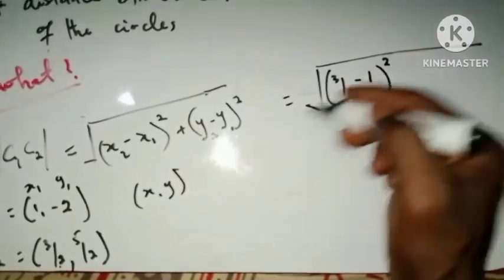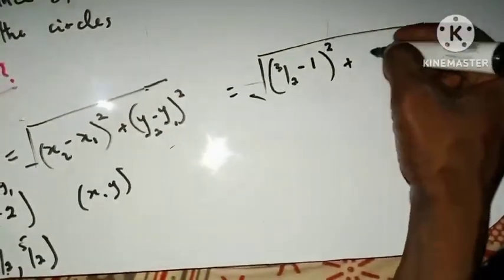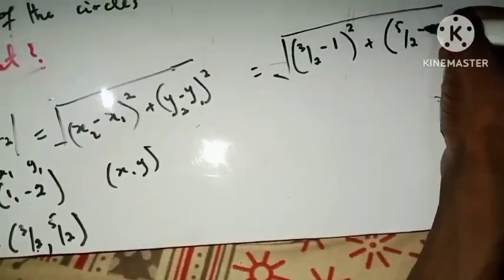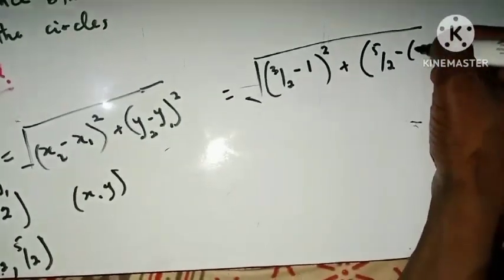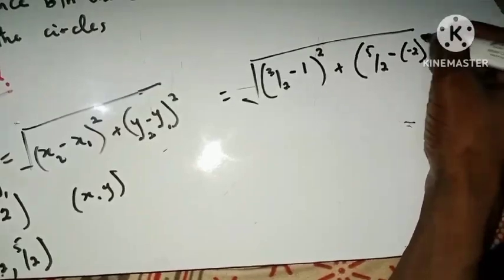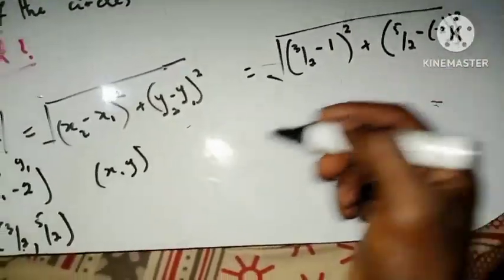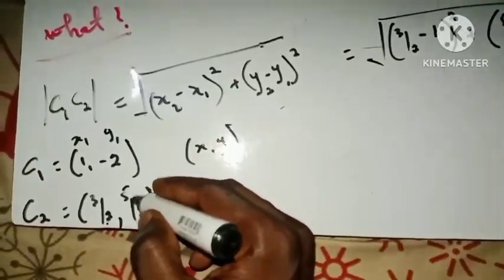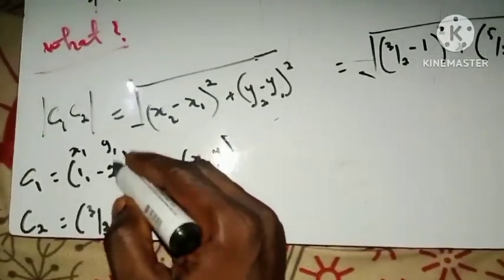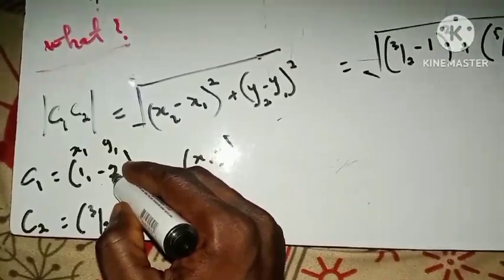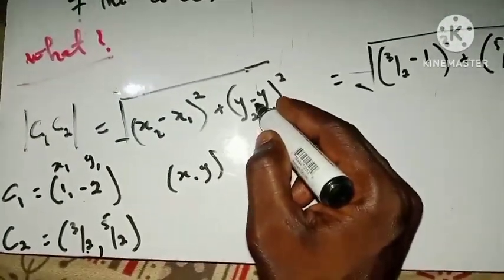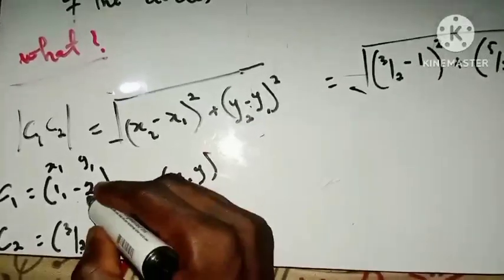That is what the definition is saying, and then plus y2, that is 5 on 2, and then minus, be very careful with the negative, minus y1, which is negative 2. This negative has nothing to do with the negative in the definition. The y1 itself is negative 2.